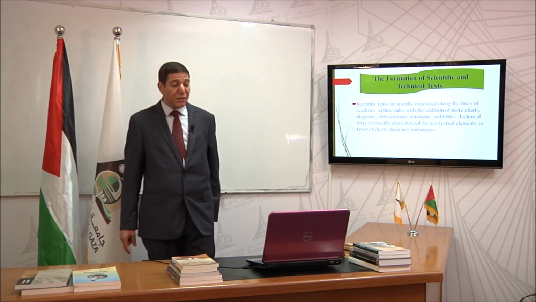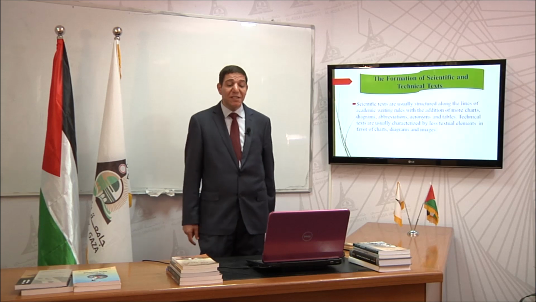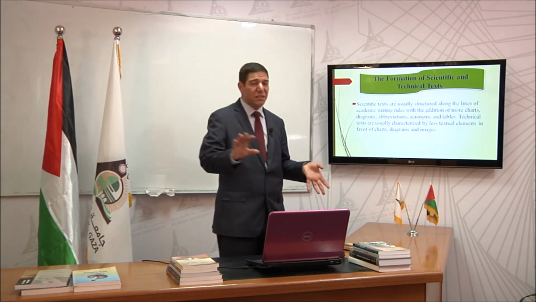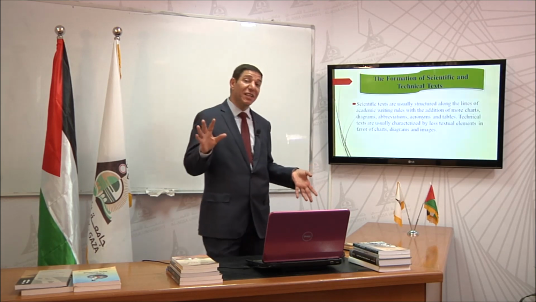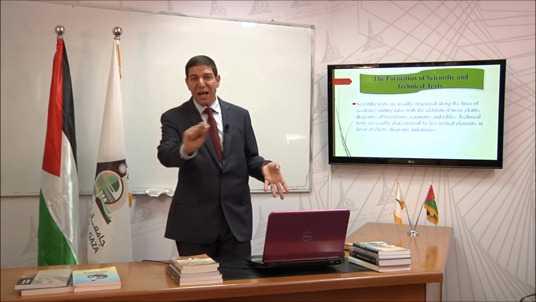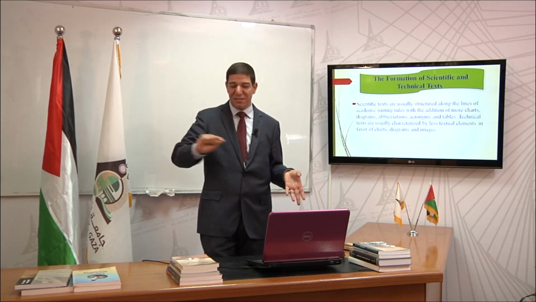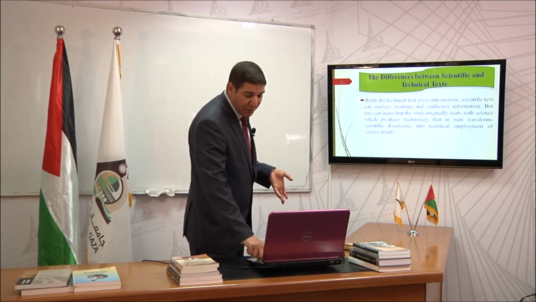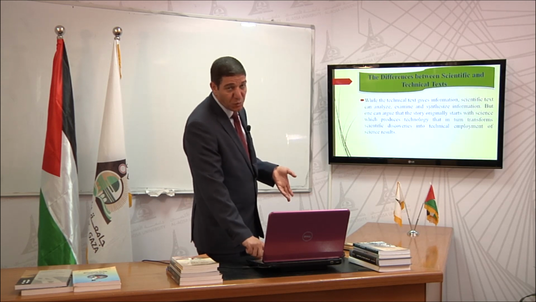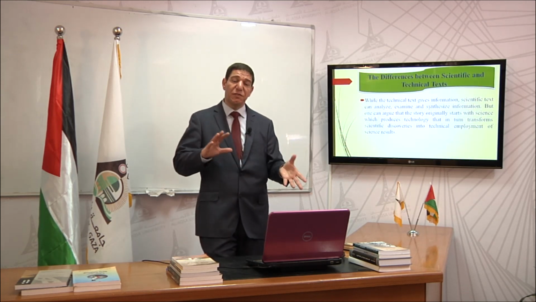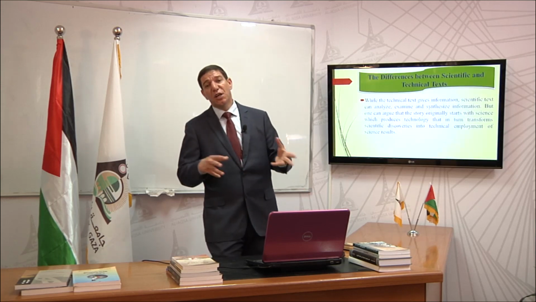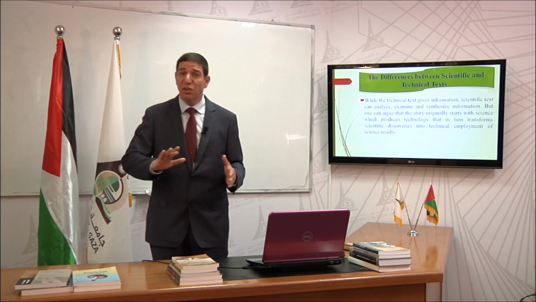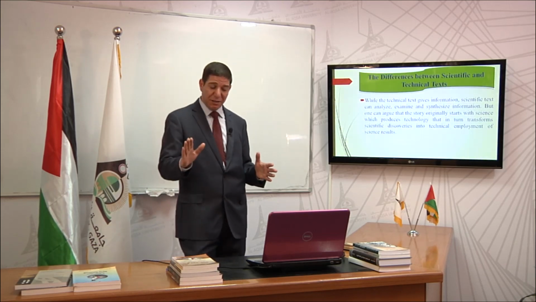The formation of scientific and technical texts are usually structured along the lines of academic writing rules, with the difference that in technical language, you only have bullet points most of the time, just instructions, okay? We have mentioned that the differences between scientific and technical language pertain to the scientific being written in an academic manner, while technical language also needs academic training, but from a different angle, okay?